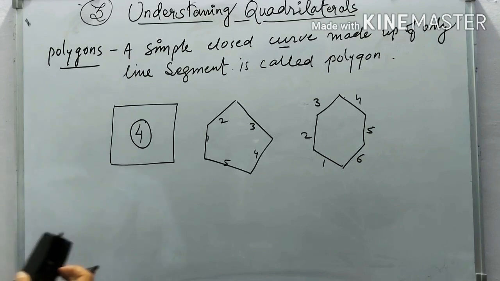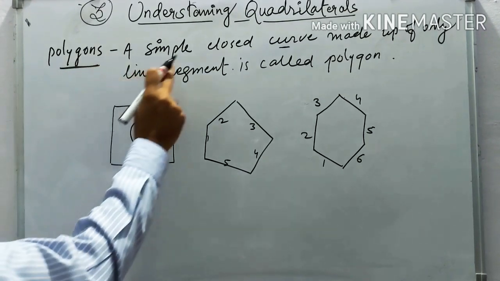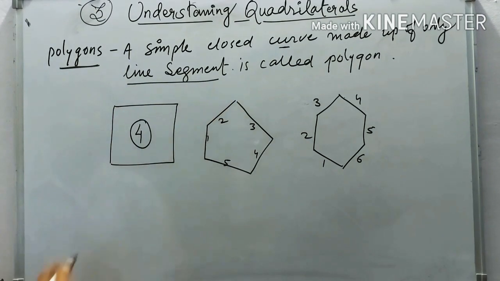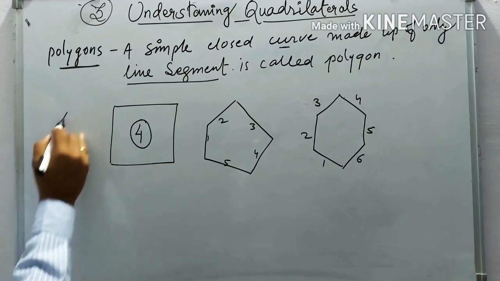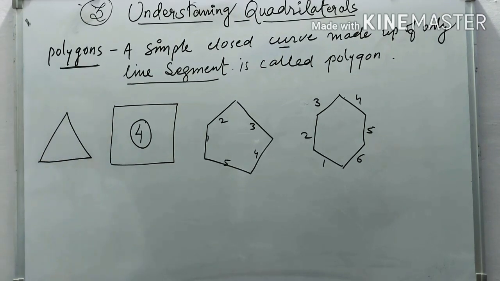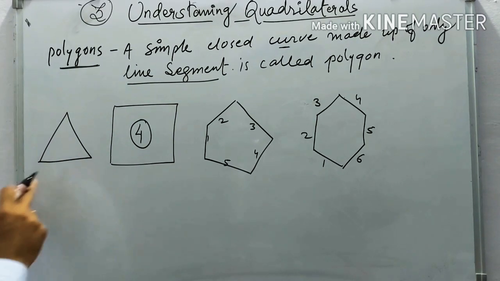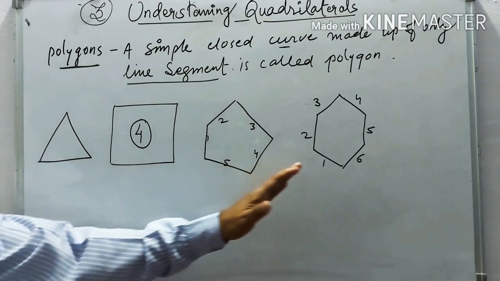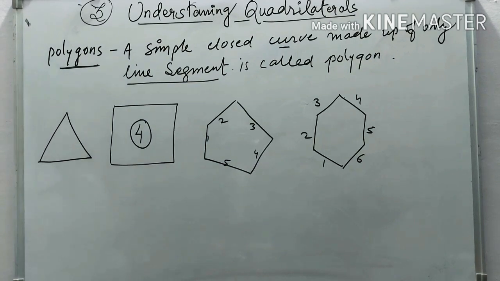This is the definition of polygon: a simple closed curve made up of only line segments. A minimum of 3 line segments make a closed curve, and the names are triangle, quadrilateral, pentagon, hexagon, and with 8 sides it is an octagon.